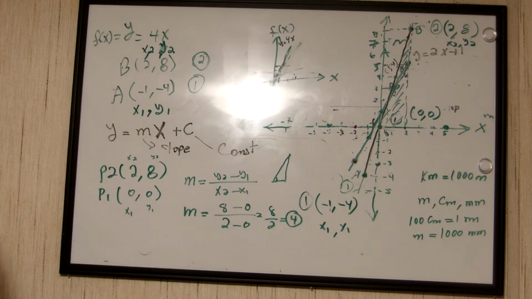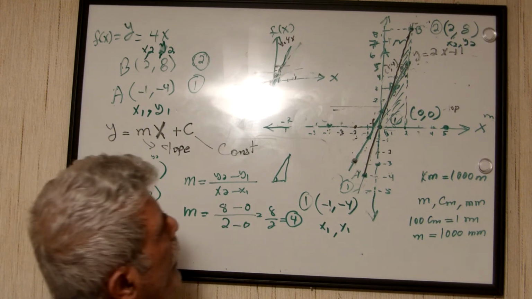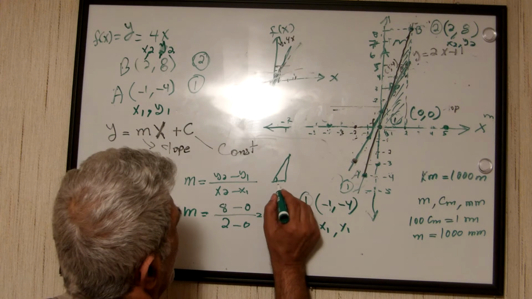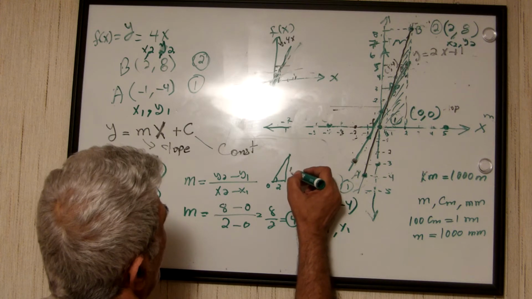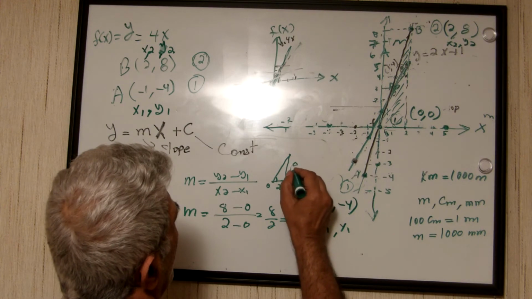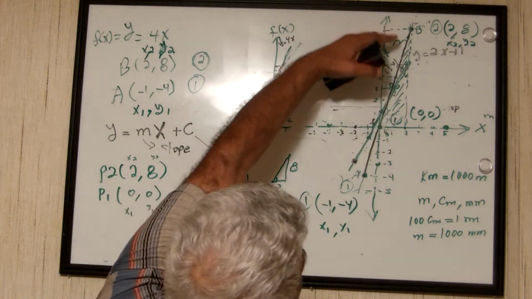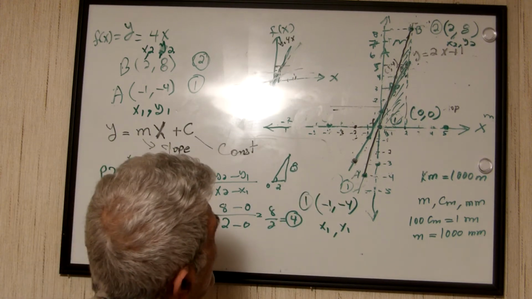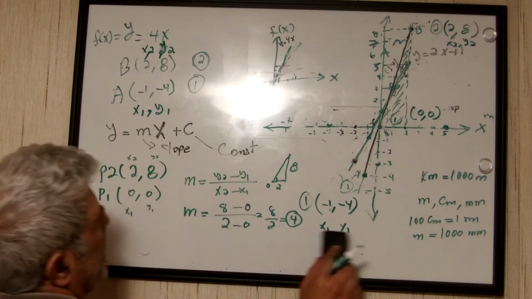So no matter where you find those points, this is 2, this is the origin 0, 0, and this is 8. y is 8 here, y2, but y1 is 0. So no matter which 2 points you choose on this line, they are going to give you the same slope.